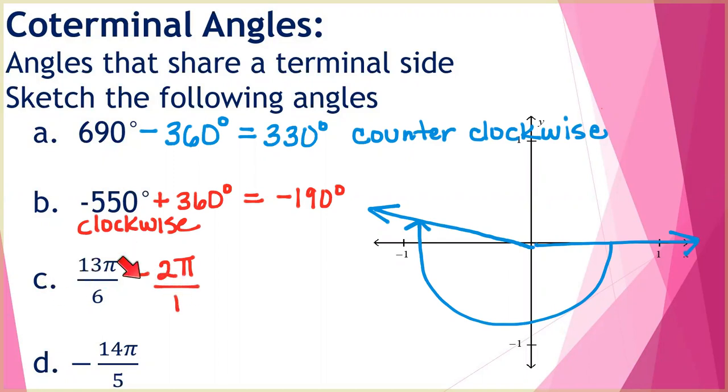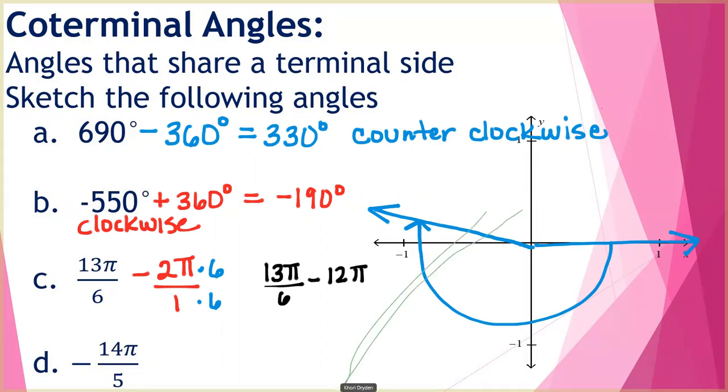So I am going to multiply this by 6 so I can get a common denominator, because you cannot subtract fractions without a common denominator. So we have 13 pi over 6 minus 12 pi over 6, which gives you just 1 pi over 6. So that is my angle.